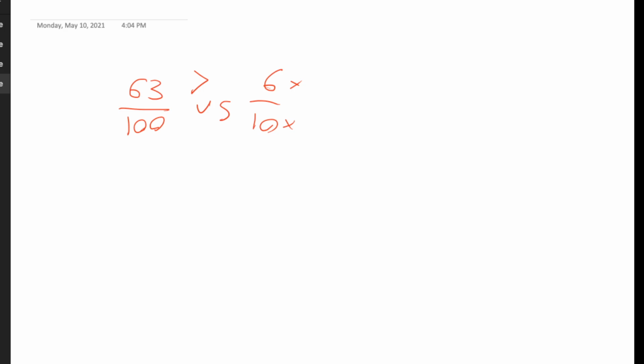Or what would this be first? You'd have to times it by 10 to make it equivalent, times it by 10. So it'd be 60 over 100. Now, how would we turn this into a decimal? Well, you're going to go 0 point. And then if you have 63 out of 100, you just put the 6 and then the 3, right?